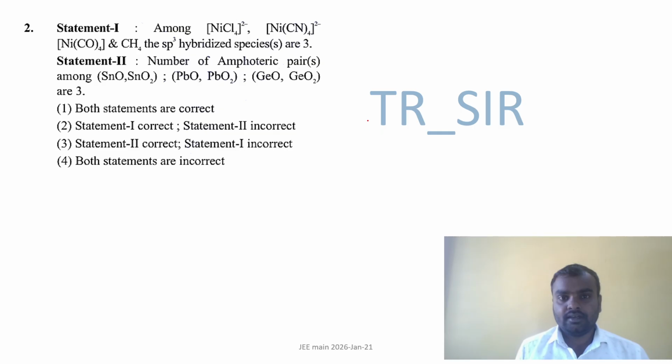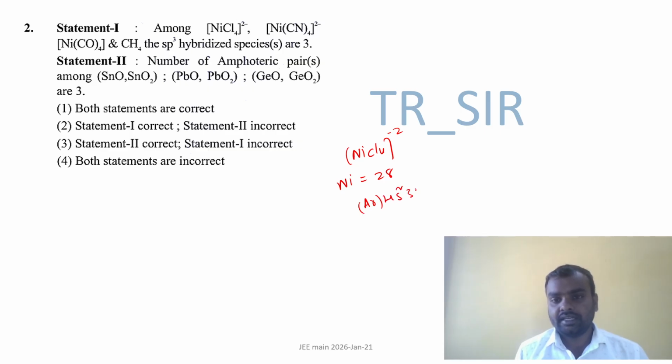Let us take NiCl4 2-. Nickel atomic number is 28. Now write the configuration: Ar 4s2 3d8. Nickel will be in the plus 2 state, so 3d8 is left out. You have a weak field ligand here, so pairing will not take place.